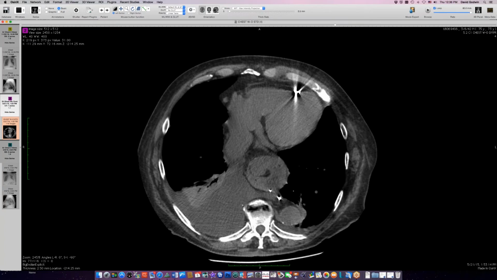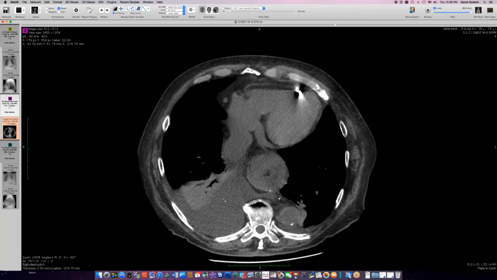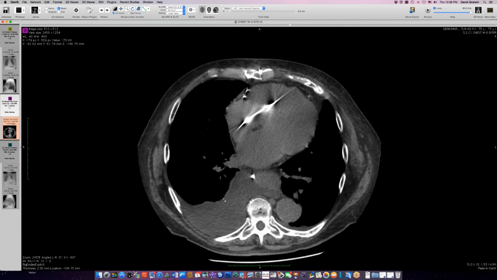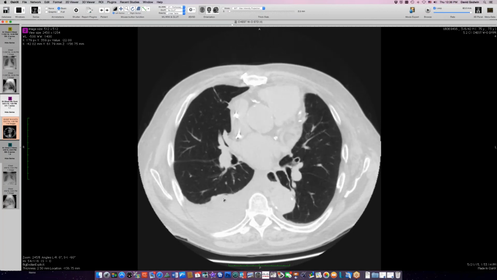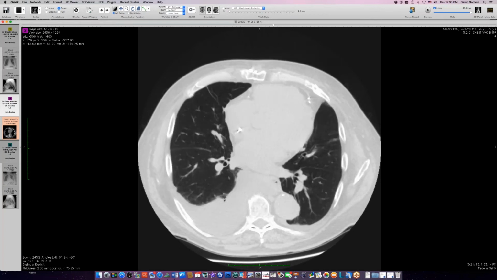They withdrew his amiodarone, and the pleural effusion resolved, and he was a lot more comfortable. I was unaware until this case was presented that one of the toxicities of amiodarone is pleural effusion, and it's typically an exudative pleural effusion.